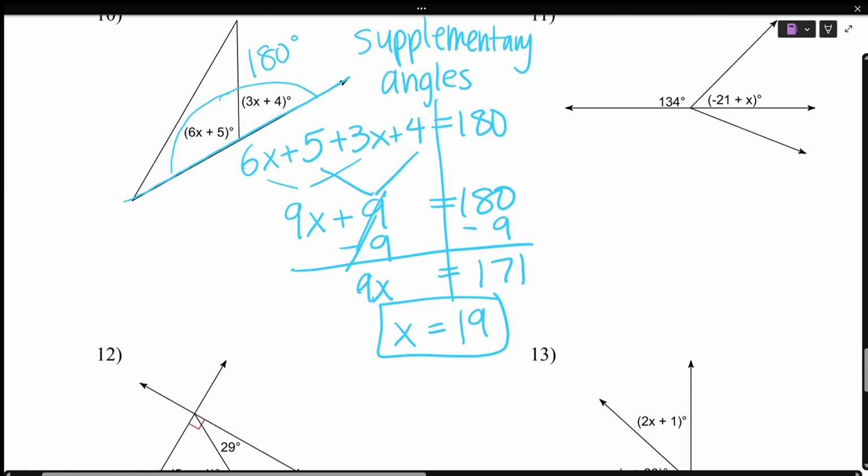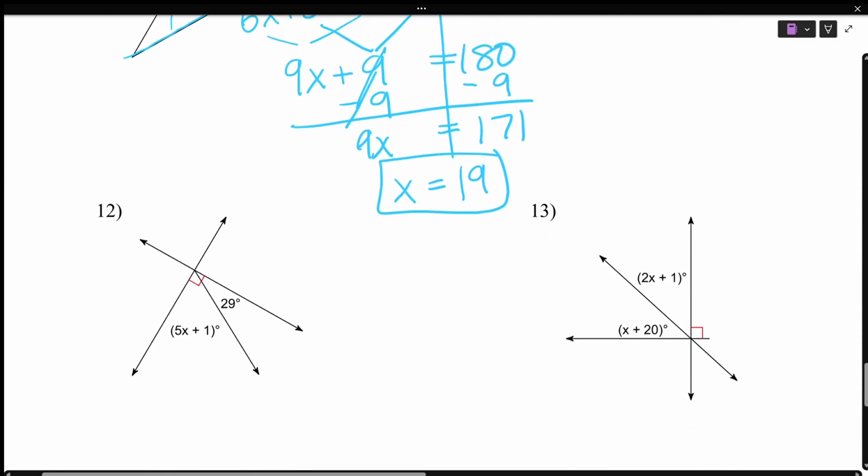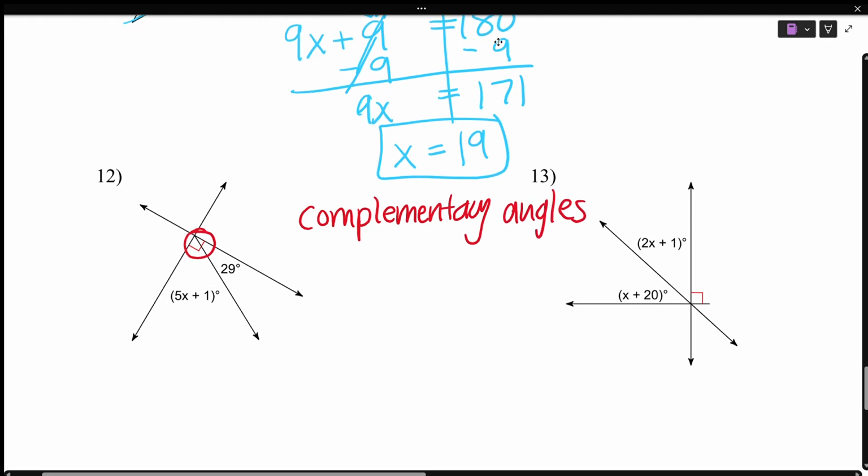Okay. Next one. These right here, every time you see this right angle, I want you to think 90 degrees, right? And so these are complementary angles. These angles add up to 90 degrees. So this plus this equals 90. 5x plus 1 plus 29 equals 90.